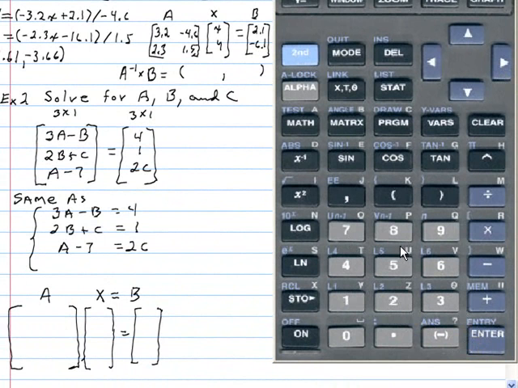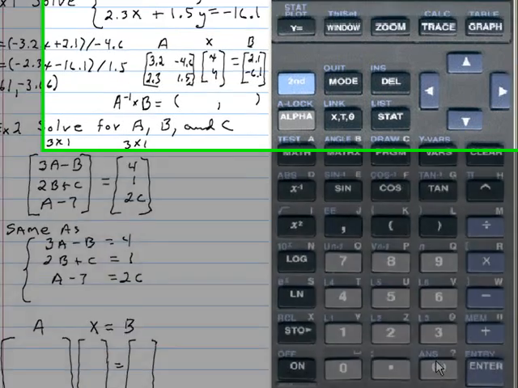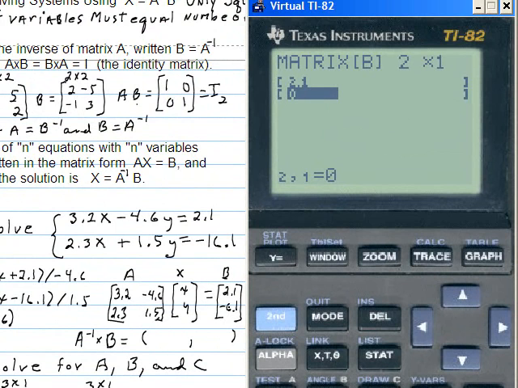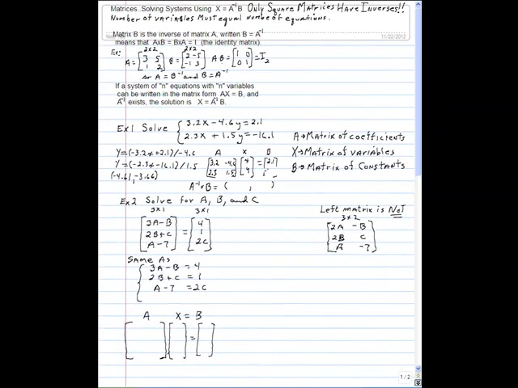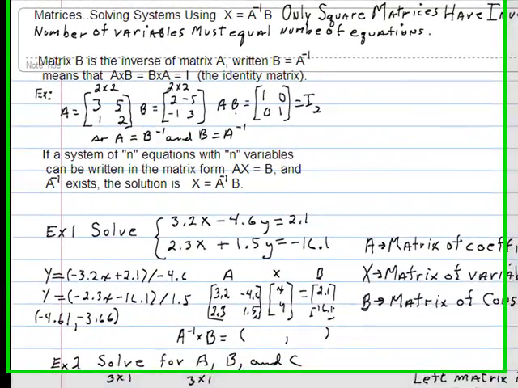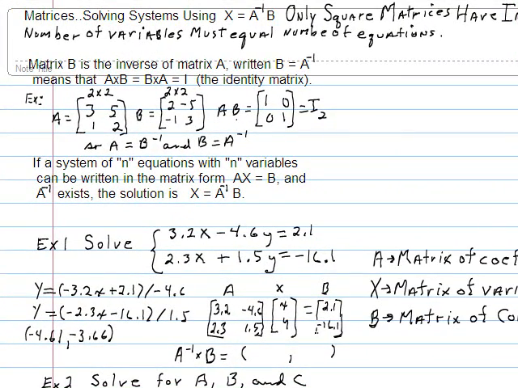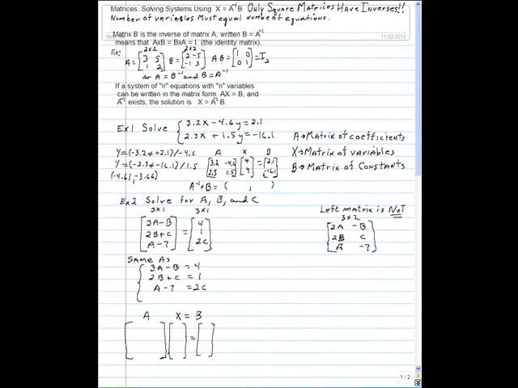And now it's 2 by 1, and again enters by row, so 2.1 for the first row, enter, negative, that says negative 6.1 here. It should say negative 16.1. Let me see if I can erase that. Negative 16.1. Didn't really give myself enough room in that matrix to write.